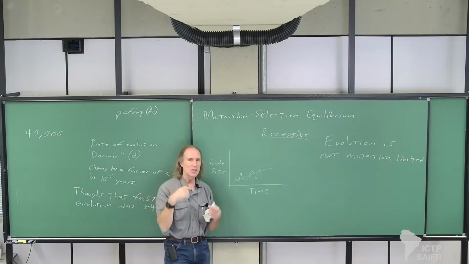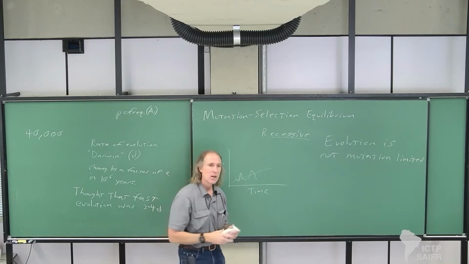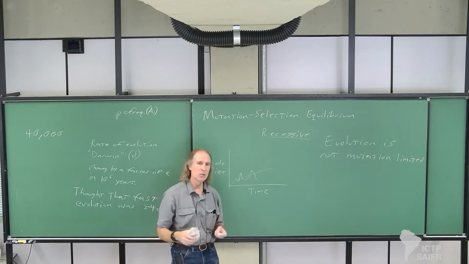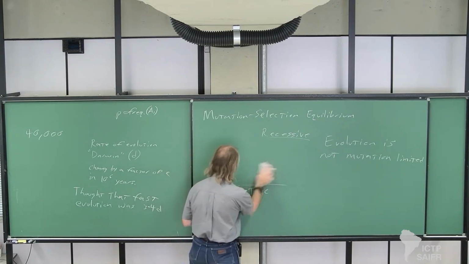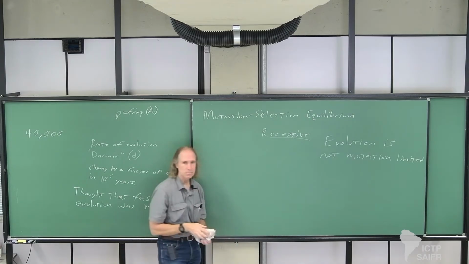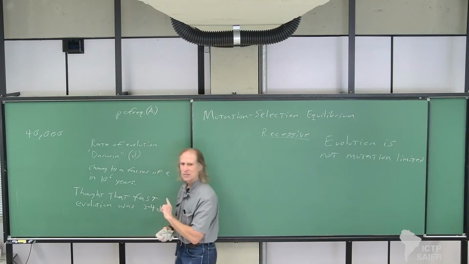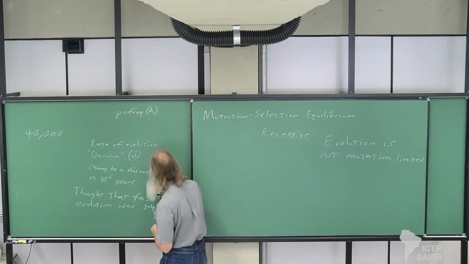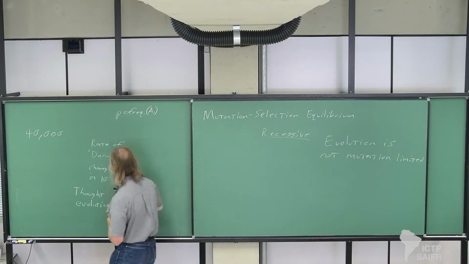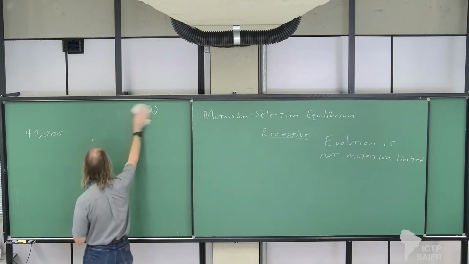But that's something you can't tell looking at fossils. So estimates of rates of evolution from the fossil record are literally many orders of magnitude lower than the rate at which it actually occurs. That makes sense? That's sort of a digression, but it connects to this issue of there being a lot of variation in natural populations.